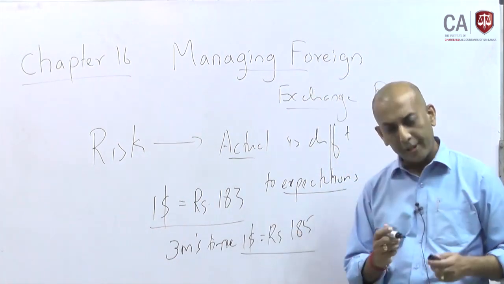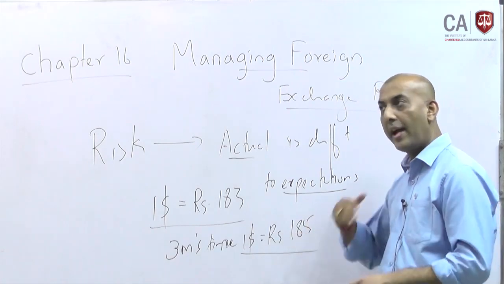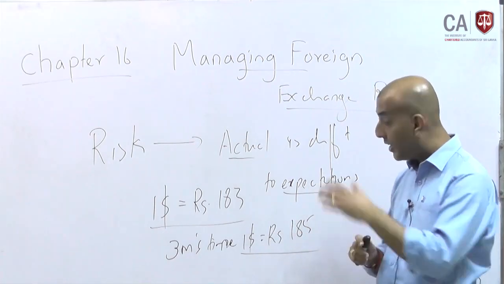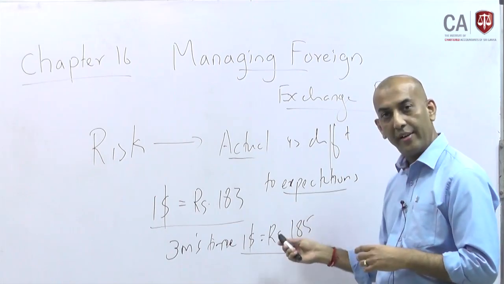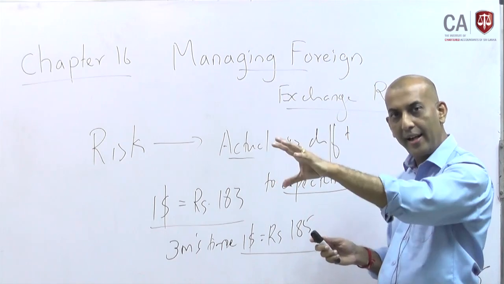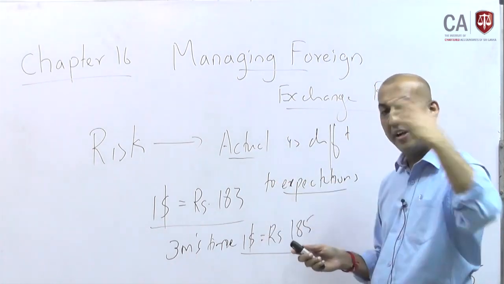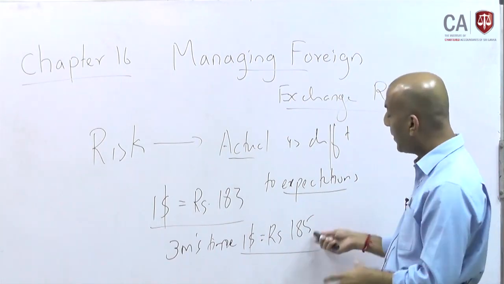So in 3 months' time you are expecting the dollar to be 185. This is your expectation. But the actual rate in 3 months' time could be different to 185. Why? That is based on the market condition on that day. The exchange rate can be 187 or 183, but today you are expecting it to be 185.